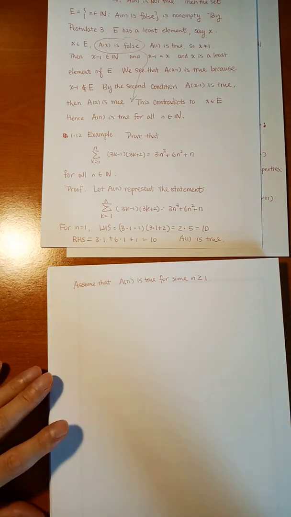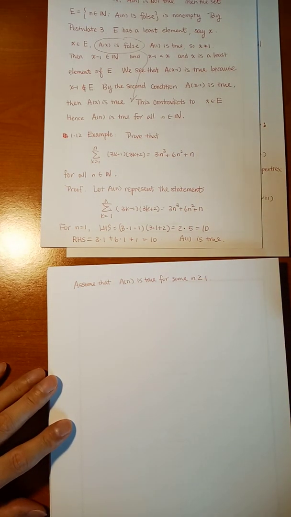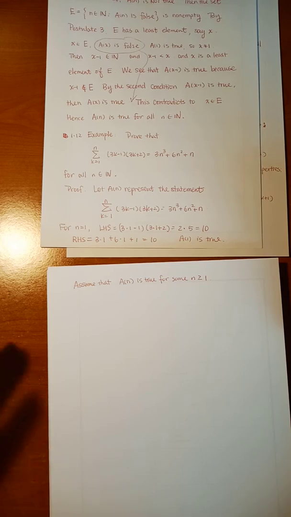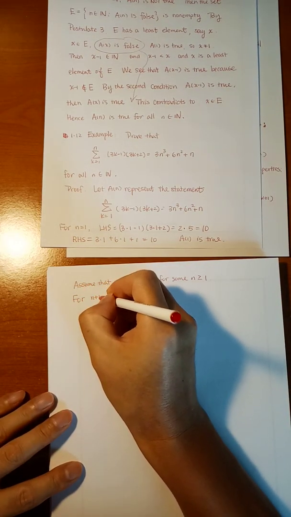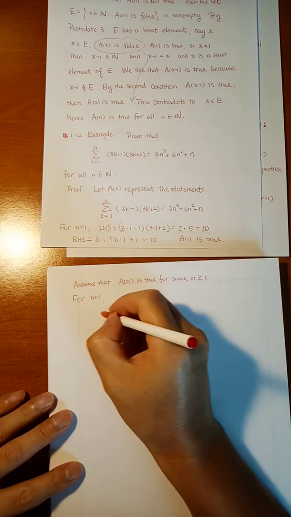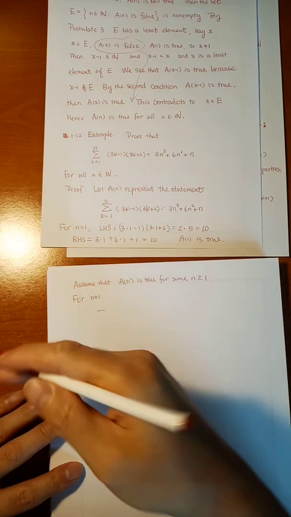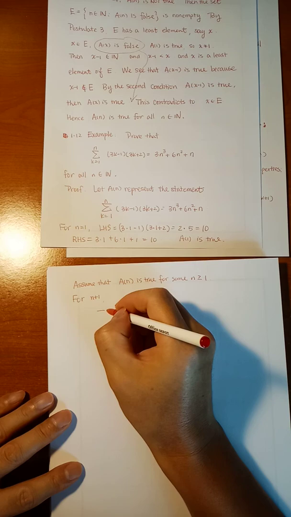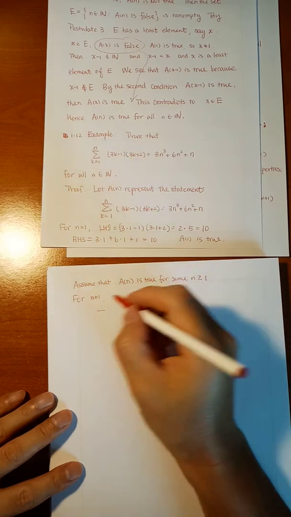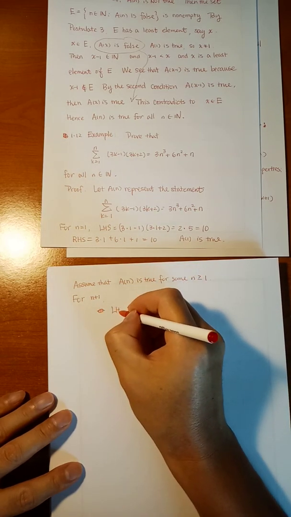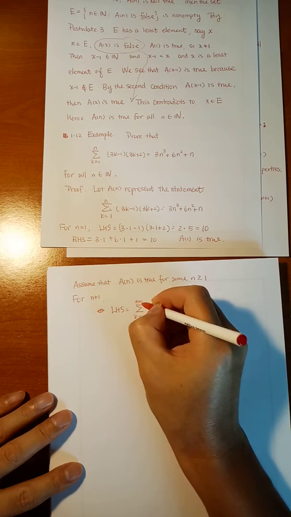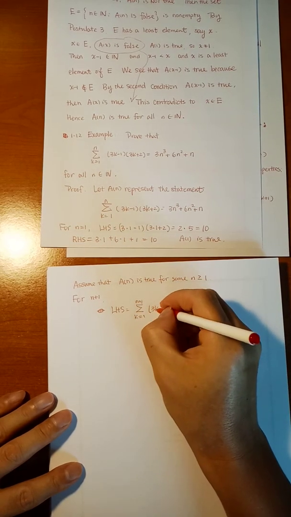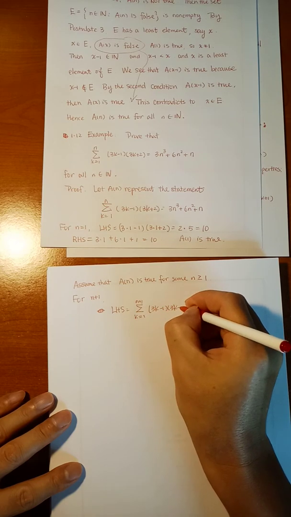Then let's check the next one, for n plus 1. For n plus 1, the left hand side is sigma k from 1 to n plus 1 of (3k minus 1)(3k plus 2).